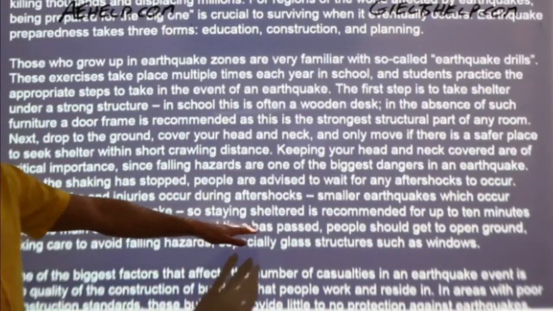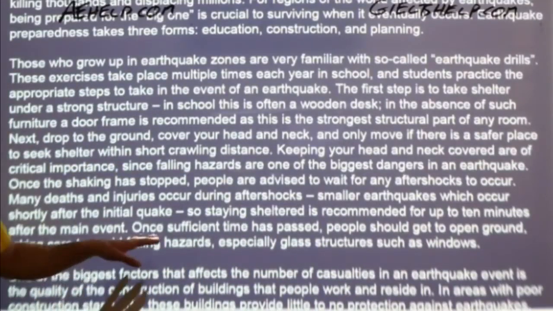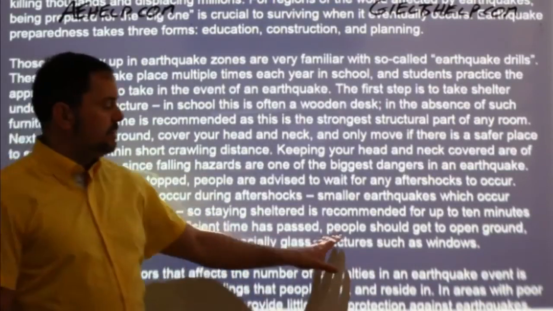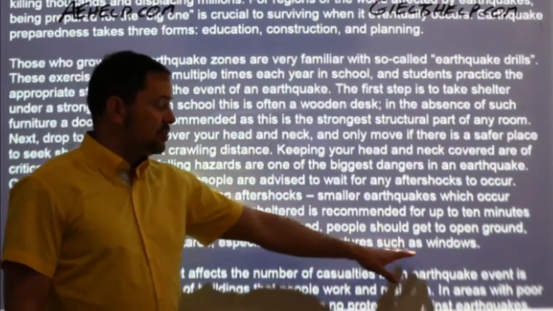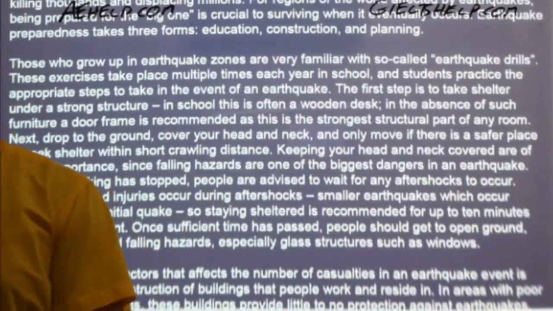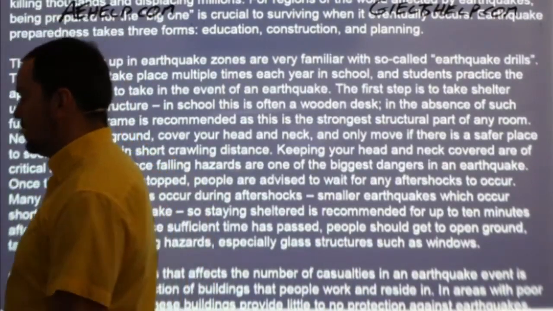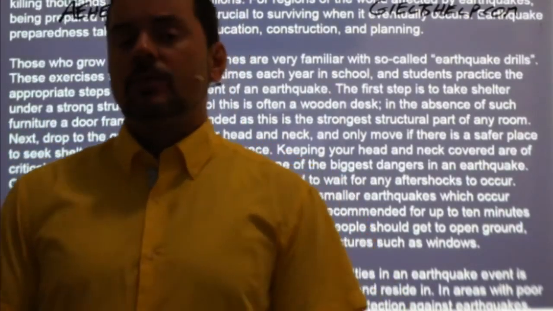So staying sheltered is recommended for up to 10 minutes after the main event. Once sufficient time has passed, people should get to open ground, taking care to avoid falling hazards, especially glass structures such as windows.